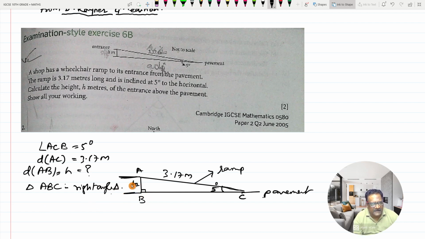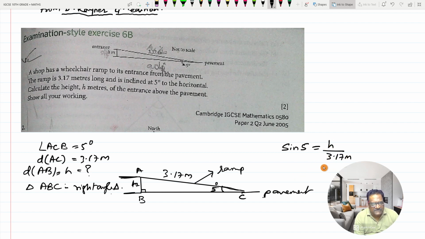So if we want to find out h, you can use your trigonometry and write sine of 5 will be equal to opposite side, that is h, divided by the hypotenuse, that is 3.17 meter.